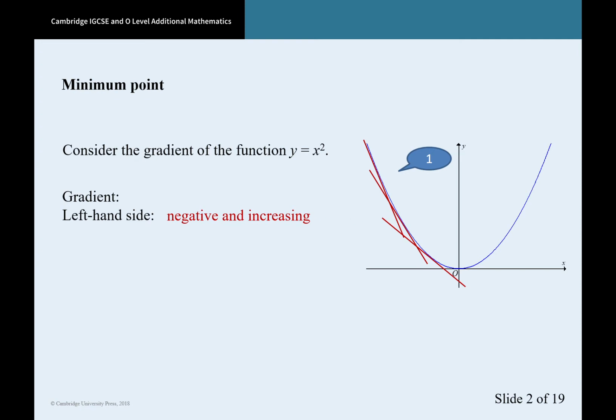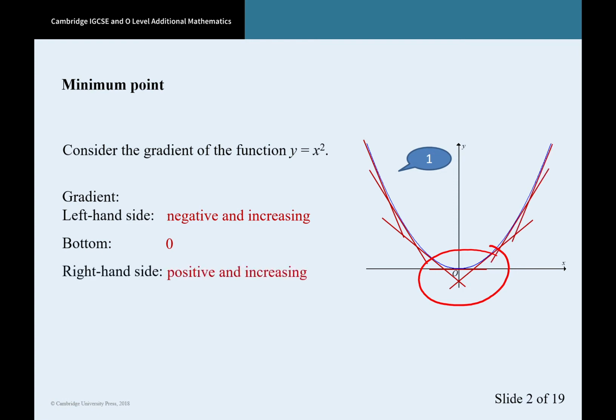So if we look, the left side is negative and increasing. And then at the bottom, this one is parallel to the x axis, so the gradient is 0. And then next, look at the right hand side. The gradient is positive and it's increasing.